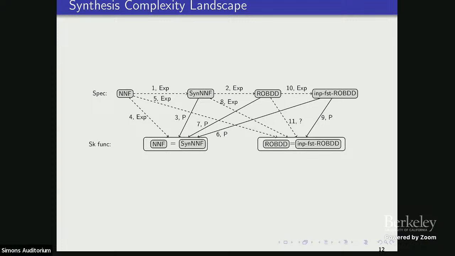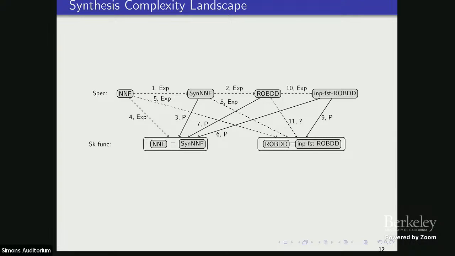So this is the map that we have, which says that the complexity of synthesis really depends on the representation for the specification and the representation for the Skolem function that you're choosing. So for example, from ROBDDs to NNF, I can do polynomial. But from ROBDDs to ROBDDs, the best we know is exponential, and we don't have a better bound there.